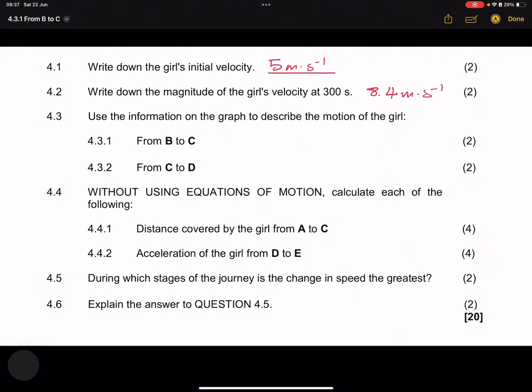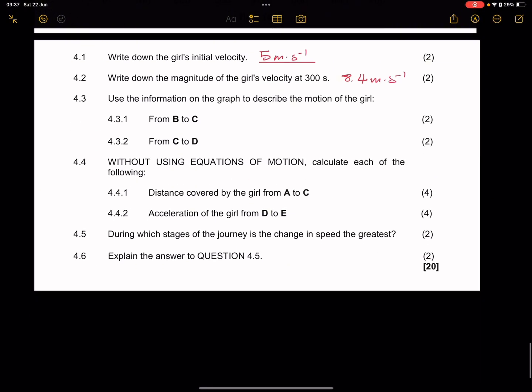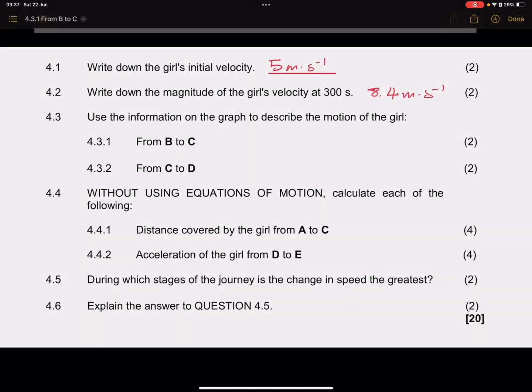Now they say use the information on the graph to describe the motion of the girl from B to C. So what's happening from B to C? We said she is increasing in velocity. She's increasing from a velocity of 5 meters per second to 10 meters per second. We can also say that she is accelerating.